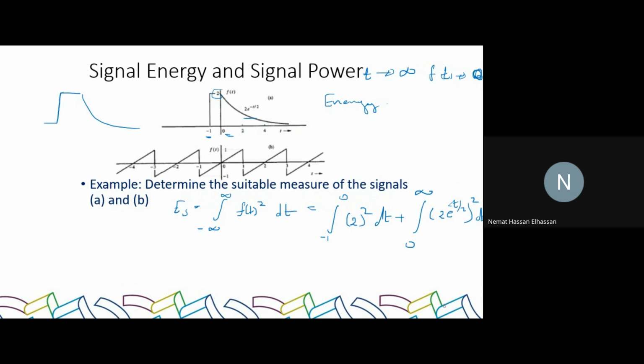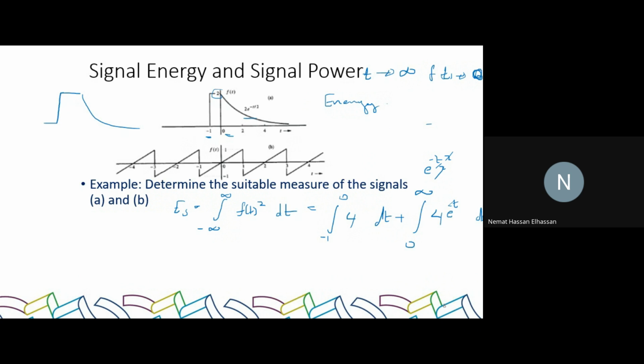Now, 2 squared is 4, so let's write 4. And 2 squared is 4, e to the minus t. Make sense? We had 2e to the power minus t over 2, all squared, which is 2 squared times e to the minus t over 2 squared. These cancel each other out, and this is a 4. Yes?